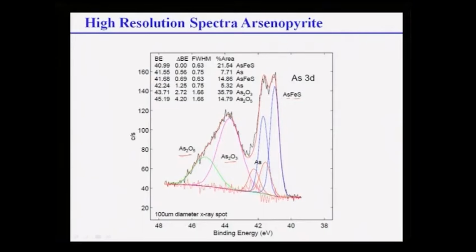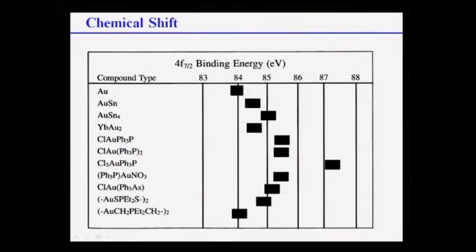Here you see the 2 peaks, one corresponding to arsenic, the other corresponding to iron, and this is arsenic 3d. You have splitting, and this is distinctly different from these two. So, in this sample you have both arsenic iron sulfide as well as arsenic oxide As2O3 present.